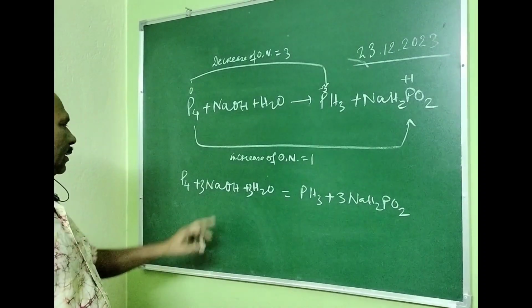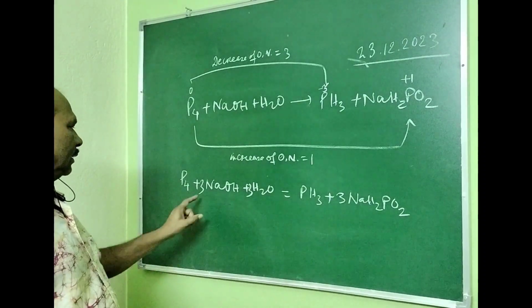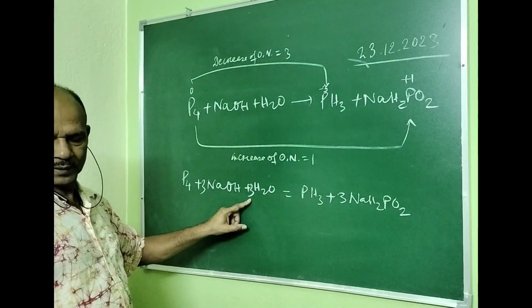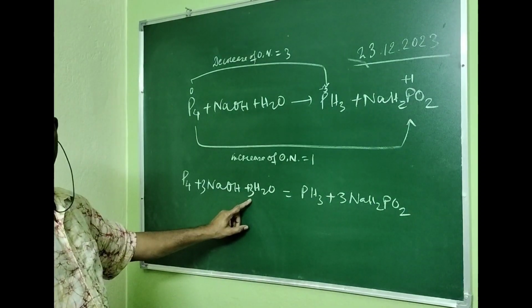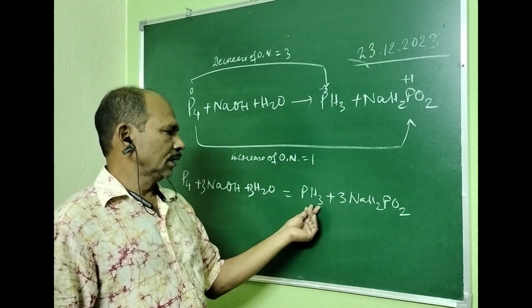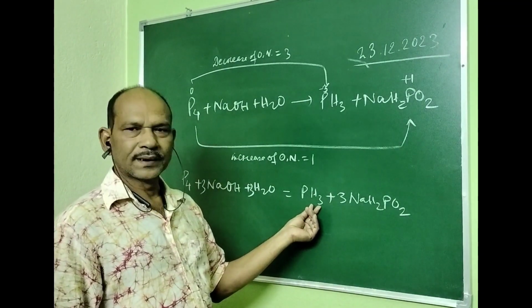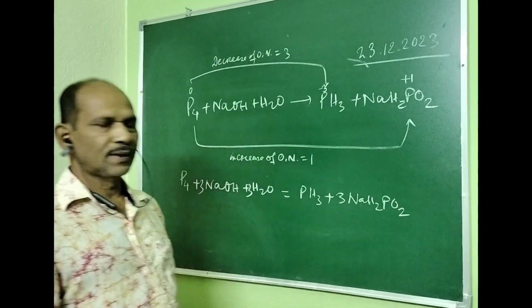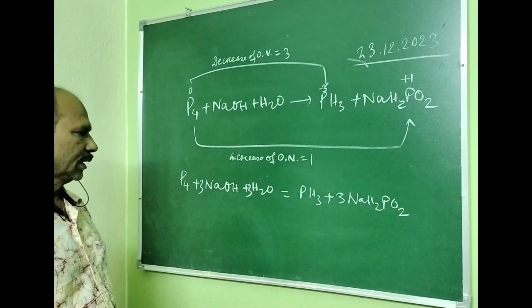So this is the balanced reaction. These numbers you cannot get from the oxidation number method, you have to adjust them. Seeing the number of hydrogen atoms on the right hand side, you have to adjust the number of hydrogen atoms on the left hand side also.